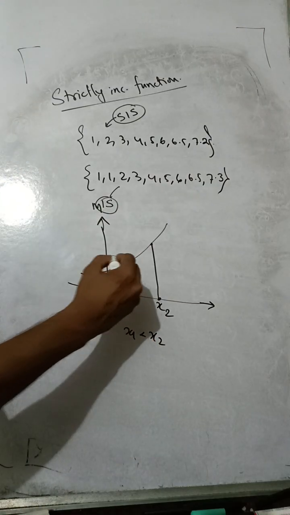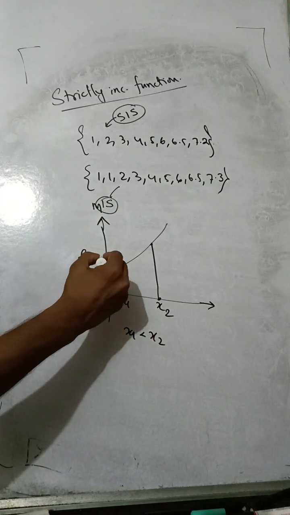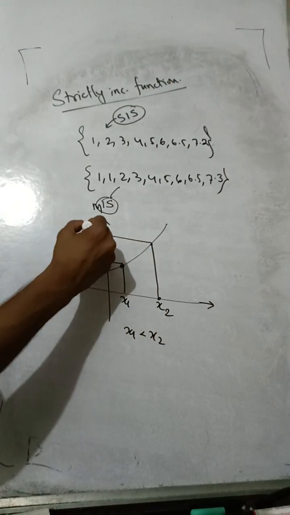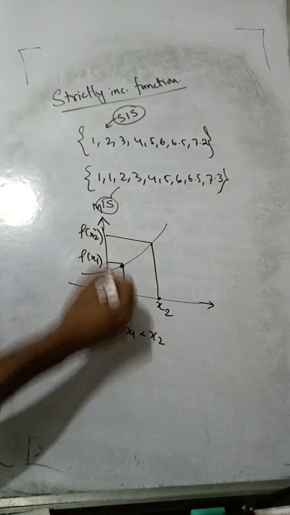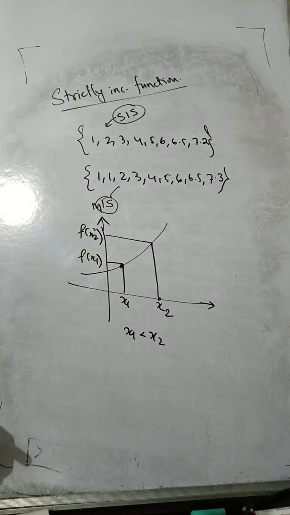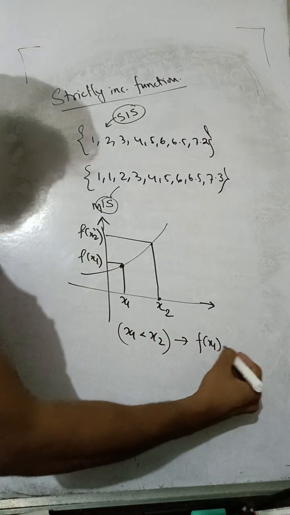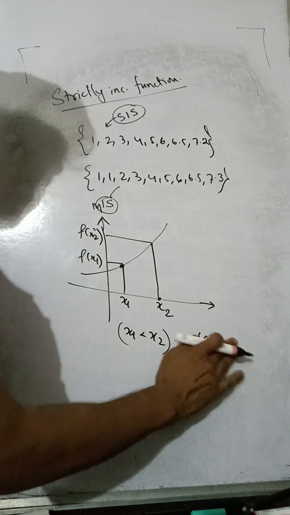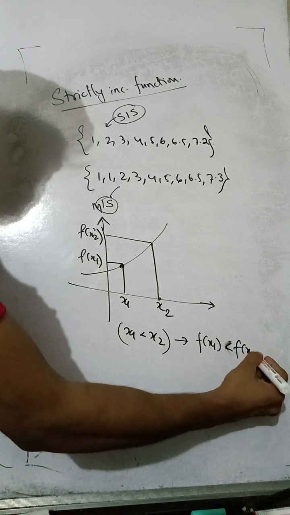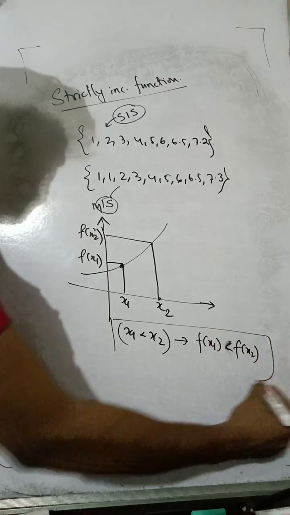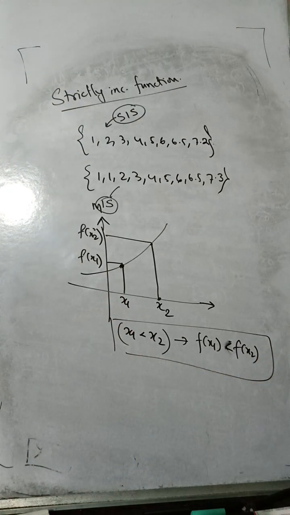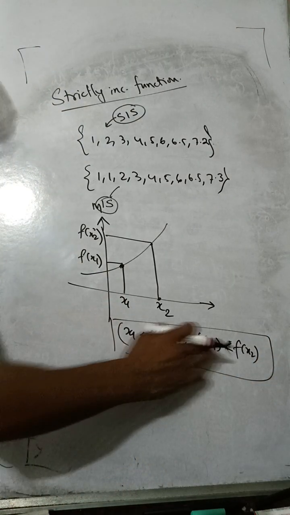The image of x1 is f(x1) and the image of x2 is f(x2). Since x1 is less than x2, f(x1) is also less than f(x2), and this is true for all the x1 and x2.